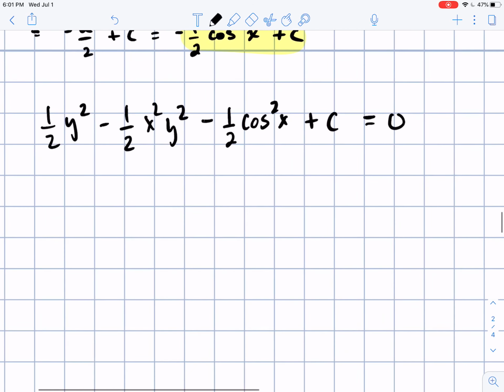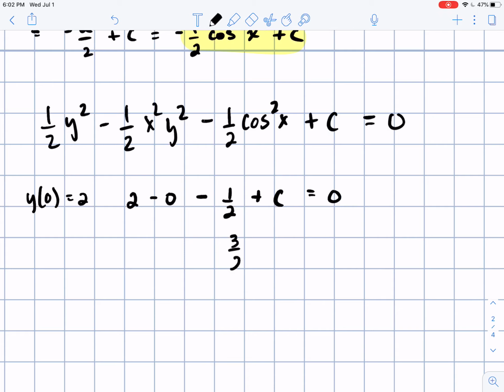So if y of 0 equals 2, we're going to plug in 2 for y, so you get 2 minus 0 minus 1/2, cosine 0 is 1, minus 1/2 plus c equals 0. So here I'll get 3/2 plus c equals 0. C is going to be negative 3 over 2.